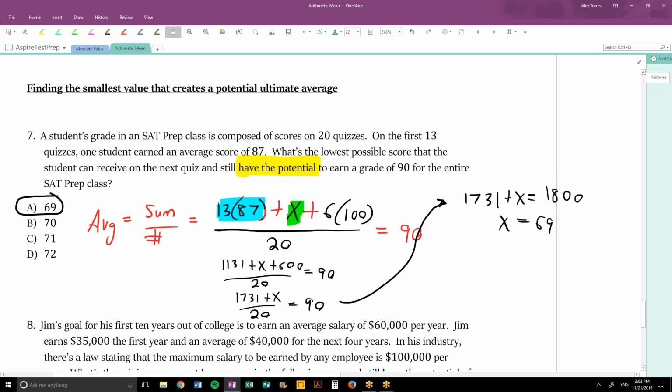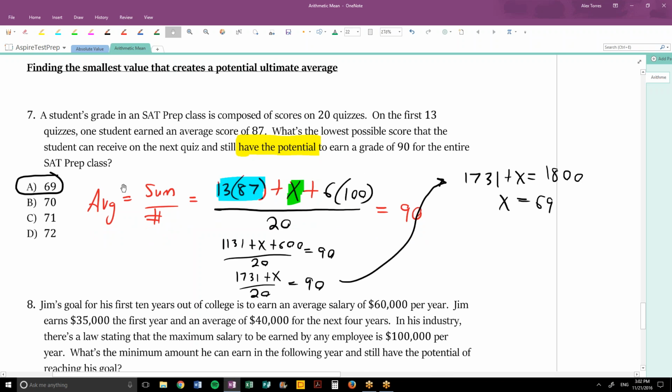So when you're dealing with these, if you're talking about having the potential, you want to just go ahead and imagine perfect scores for the rest of your scores. And another thing we're seeing on the redesigned SAT that makes it difficult is the phrasing of inequalities, the lowest possible score, in situations where you're not actually going to use an inequality, because what we're saying is 69 allows us to have the option of having a 90 at the end of the year.